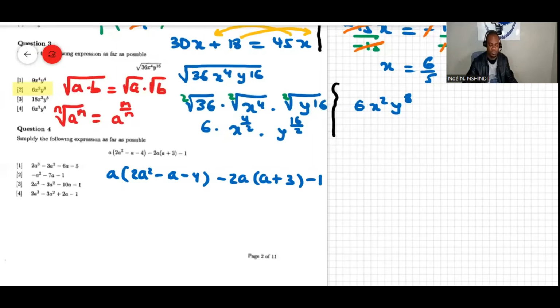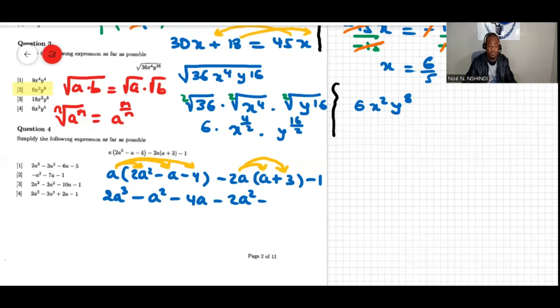Now what we can do is expand this: a times 2a makes 2a cubed, minus a times a makes negative a squared, minus a times 4 makes negative 4a, and then negative 2a times a makes negative 2a squared, and then negative 2a times positive 3 will make negative.